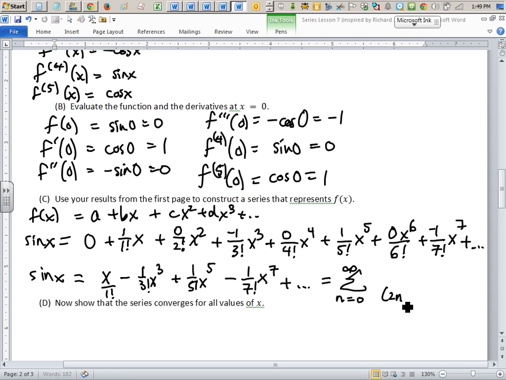So we could just call those (2n plus 1) factorials. The top is really just an x, but the power is the same as the factorial on the bottom. And this is the power series representation of sine x. Okay, very cool. This is sine x.